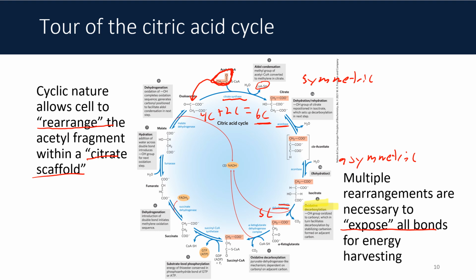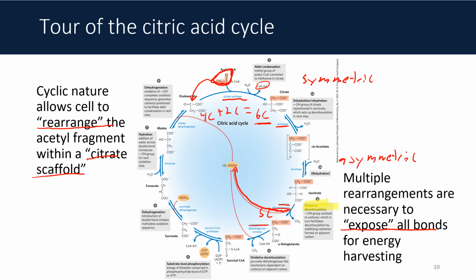And in that process, we will be generating one equivalent of NADH, which we can use to make lots of ATP in the next step of aerobic respiration. Nice. So we put 2 carbons in, and we've already taken 1 carbon out. Pretty cool.